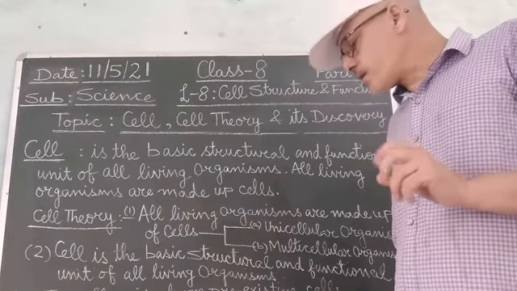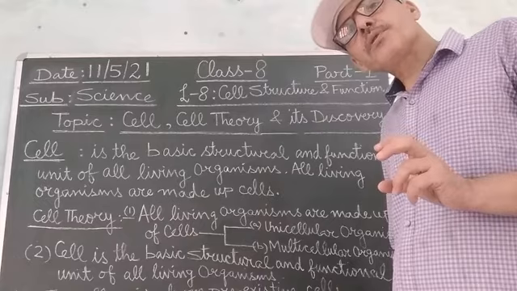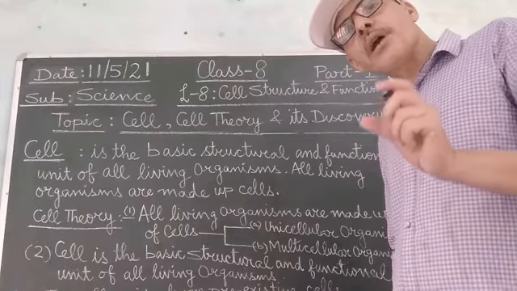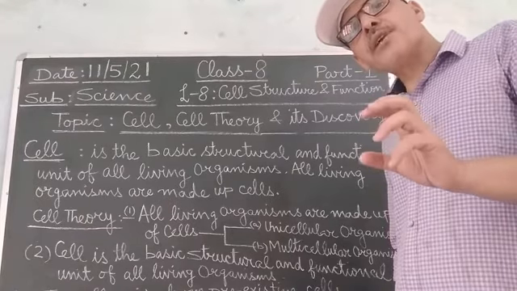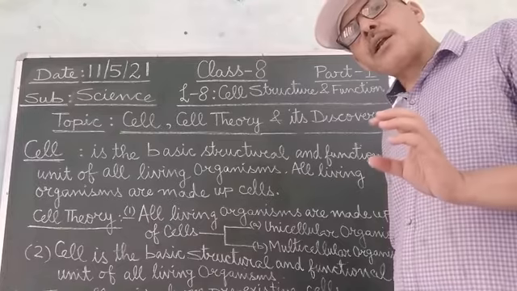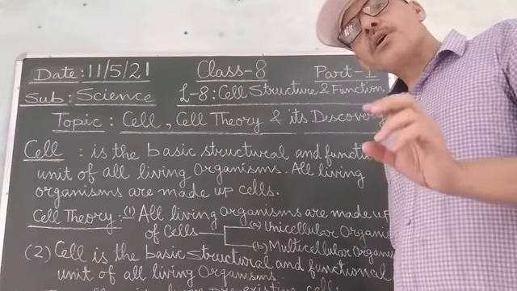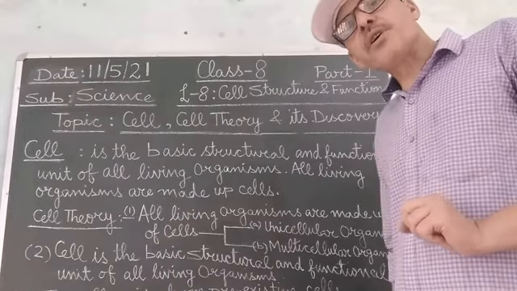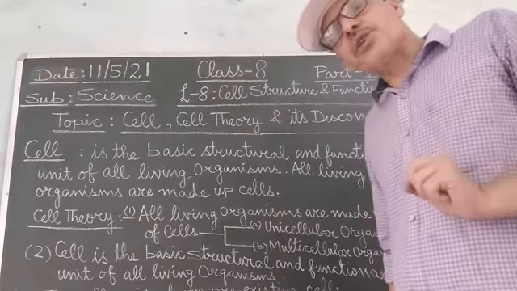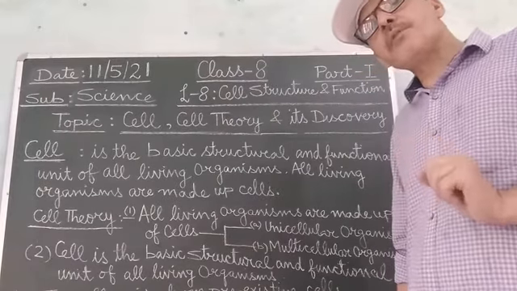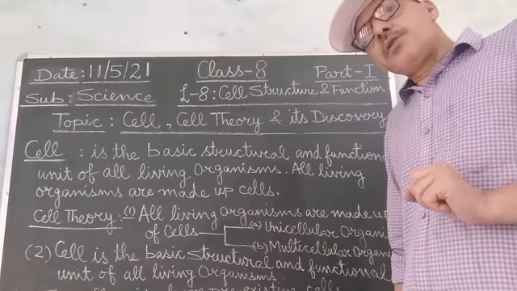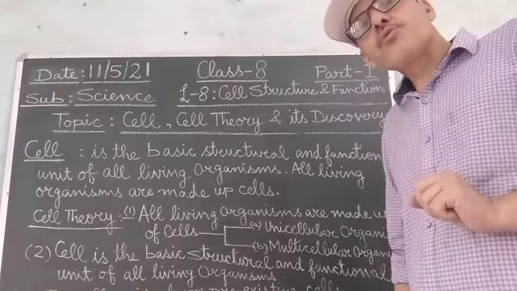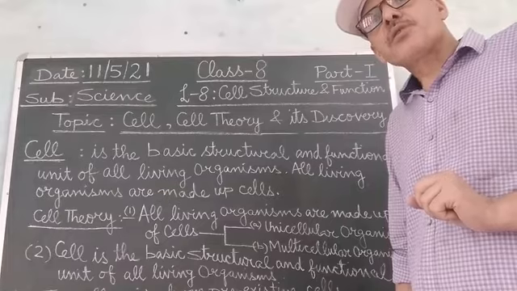He found that the cells present in the cork were hexagonal in shape and were arranged like the combs in the honeybee. Similar was the pattern of the arrangement of the hexagonal structures. And what was the name he gave? He called these units the cell. So this is how the discovery of the cell was done.